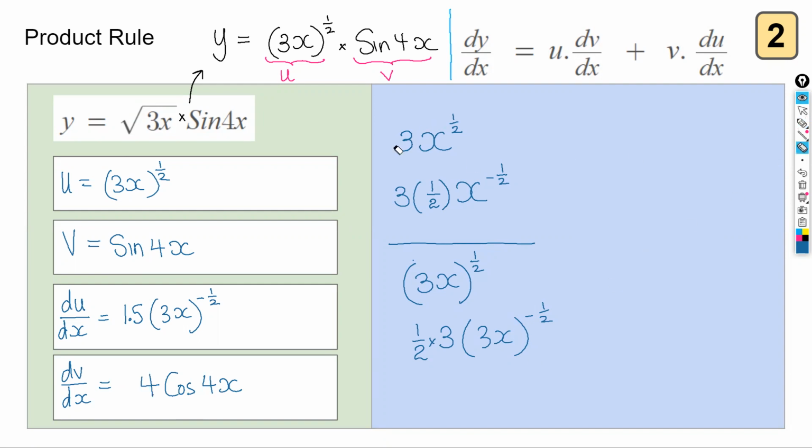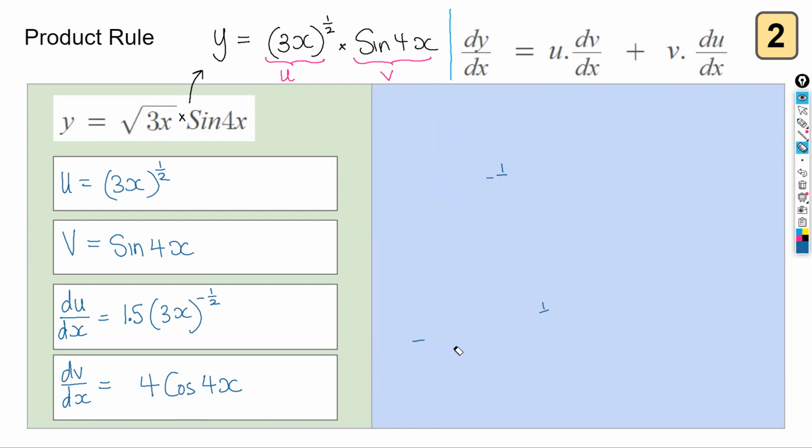Great. So all we have to do now is put everything together. Everything. All 4 things. So dy dx is equal to u. Where is u? U is 3x in brackets to the power a half. Multiply by what? dv dx.